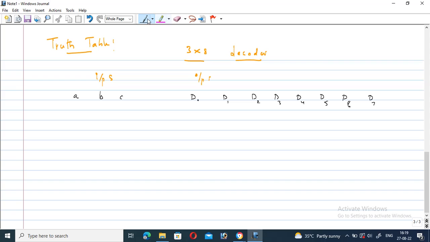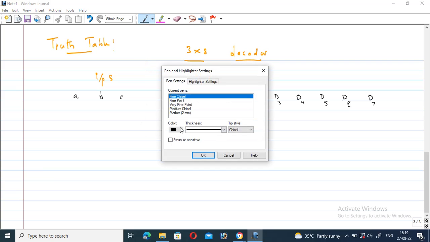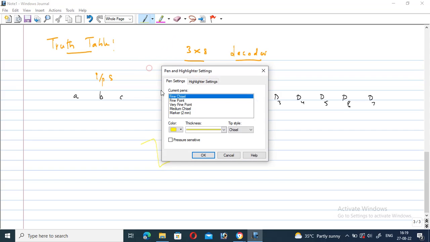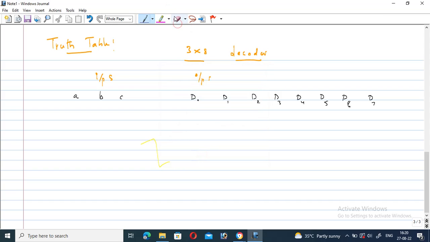Okay, let us see the possible combinations for input and output.